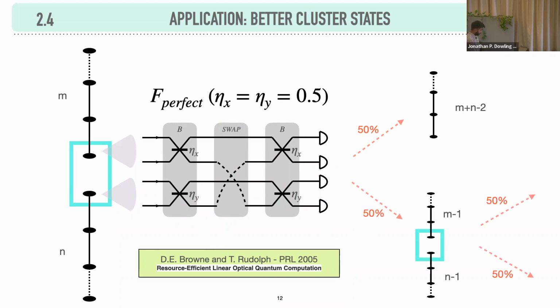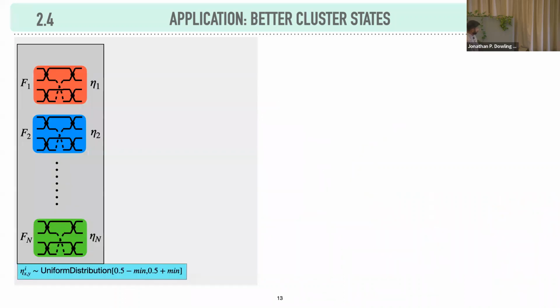Now, for a perfect fusion gate to work, we assume that the beam splitter reflectivities are exactly 50%. The question that we're interested in is what happens if these fusion gates don't have reflectivities exactly 50%. Let's say I give you access to some fabrication facilities making these things in bulk, and they give you n of these fusion gates, but they say that the reflectivities are not exactly 50%.